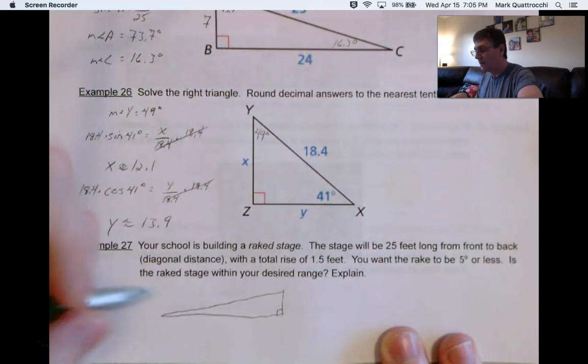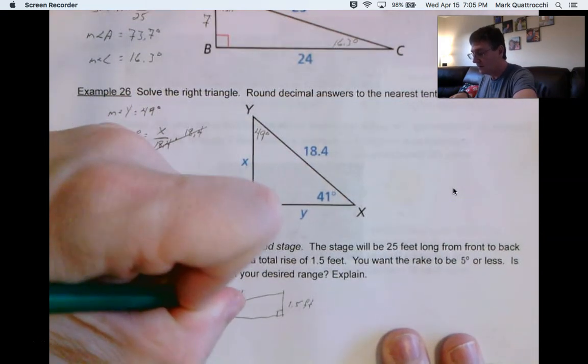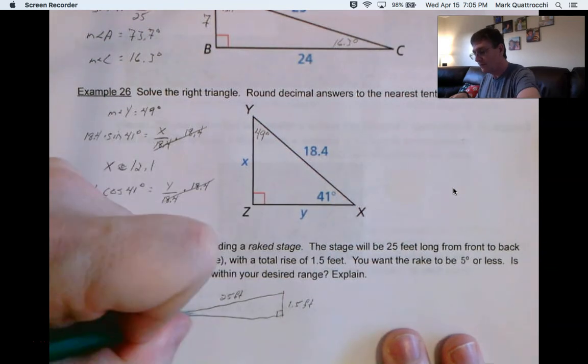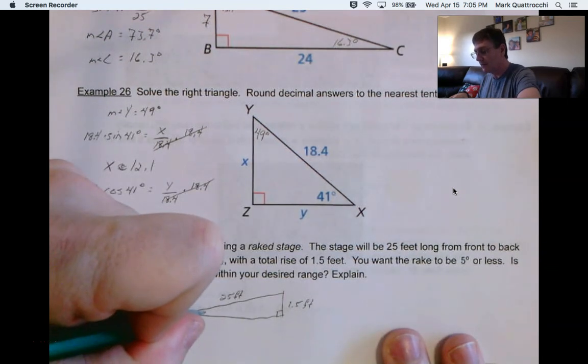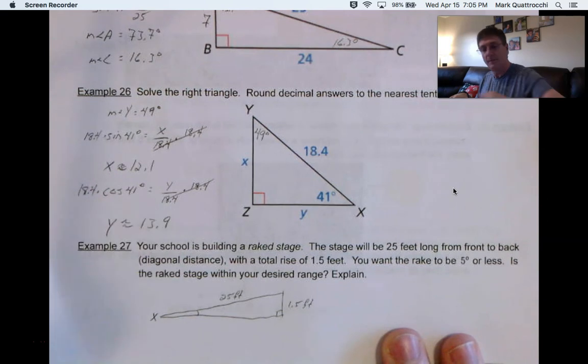Right angle. We've gone up 1.5 feet. And this is 25 feet long. We want to find the value of this angle. Call it angle x. Okay.